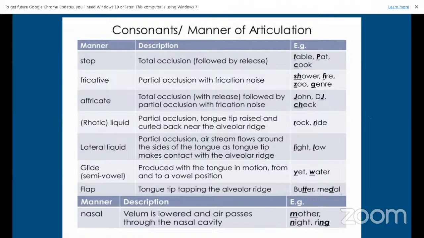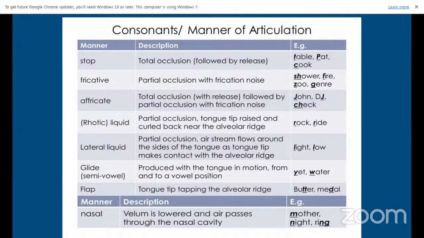But we are trying to touch the upper teeth with the lower lip. Sun. Fur. Ver. Saw. Sure. I think you can see some examples on the slide where you have fricatives. The word itself will tell you.